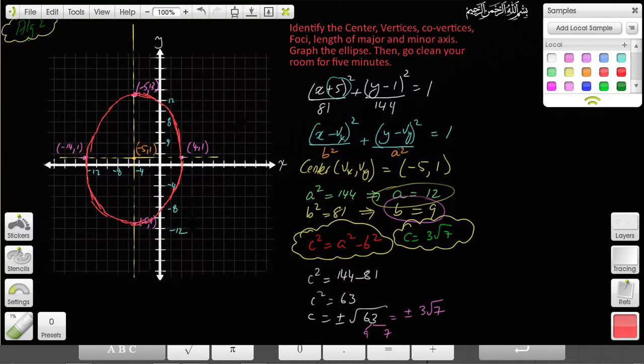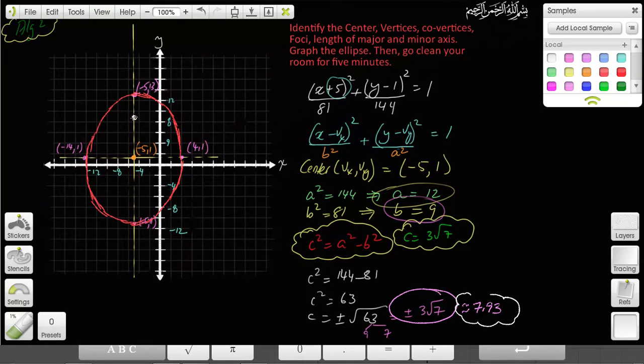So now the foci. So here's the center. We have identified our center. The foci are going to be again on the major axis. They're going to be c removed from here, so we have to go c distance up. And 3 square root of 7 is approximately 7.93. So it's going to be added to 1, it's going to be 8.93, somewhere over here.